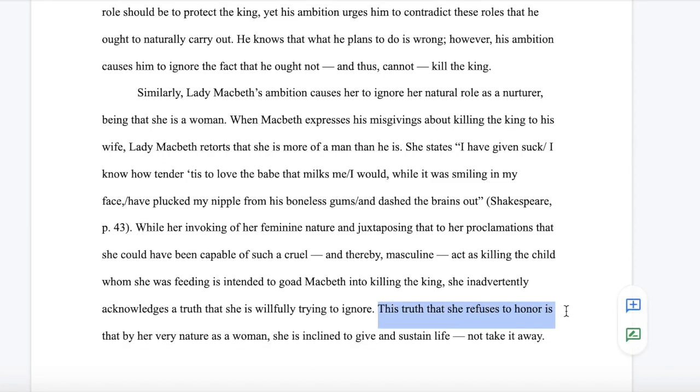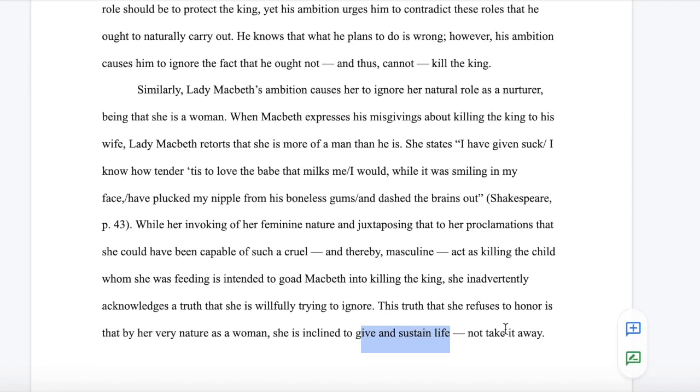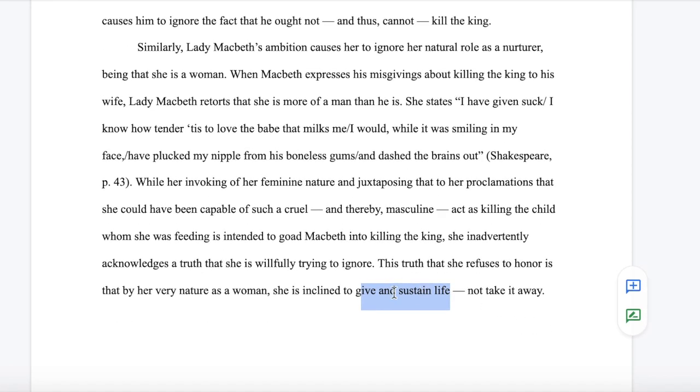And then I say what the truth is: the truth that she refuses to honor is that by her very nature as a woman, she has the natural mechanism, right over here when she refers to breastfeeding, to sustain life as well as create life, because she's the one who would give birth to her son, or daughter, whom she would later feed. As a woman, it is in her nature to give and sustain life, not take it away.